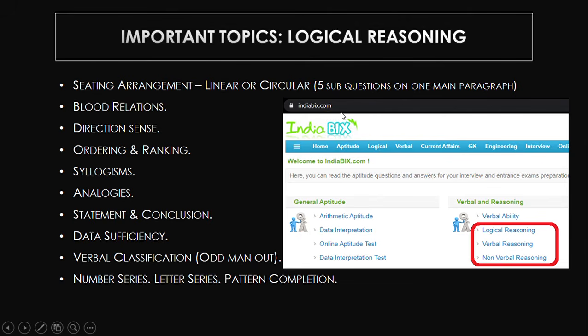You go to indiabix.com and you go to the verbal and reasoning section. These three, just focus on these three. Okay, all these topics you will get in these 3 sections. So go over there and start preparing. That's all. The difficulty level is actually very easy. It is exactly IndiaBix level difficulty, so it's not really that big a deal. Don't worry.